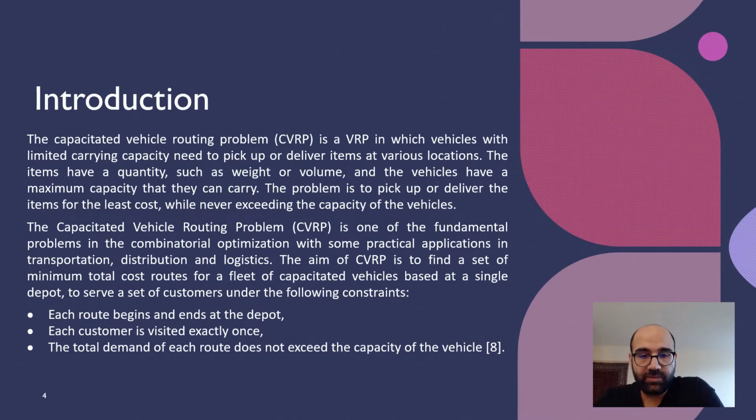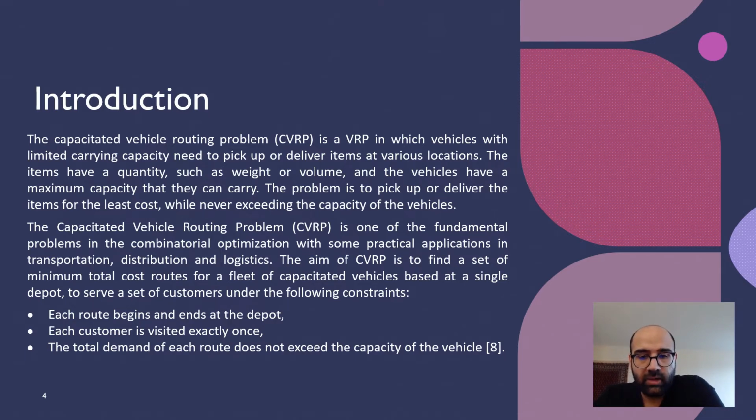The CVRP model is a kind of VRP model in which vehicles have a limitation in terms of capacity, and they need to pick up and deliver items at various locations. As you know, the items have a quantity such as weight or volume, which has a capacity. So the vehicles need to obey the rules of the capacity limitations.